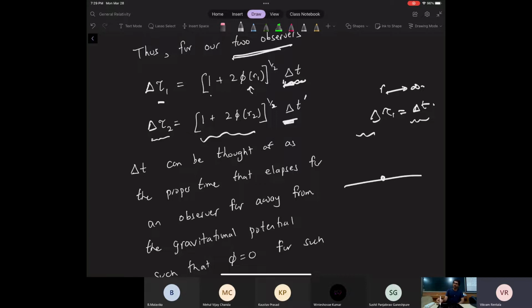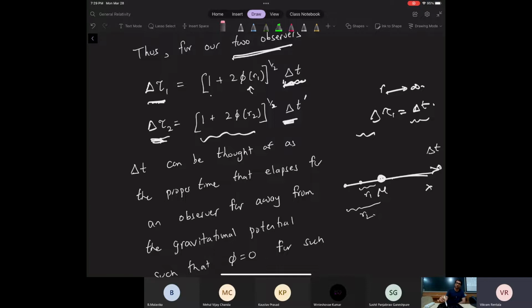So an observer very far from this gravitational potential, so this is a mass, and this is x, you're somewhere very far. If you measure a coordinate time delta t that has elapsed, you're just measuring proper time. That's really the rate that you'd measure on a clock which is with you. However, if you have these two observers who are at some r1 and r2, which are not very far from this mass, then they will experience a delta tau 1 and a delta tau 2, which have elapsed.